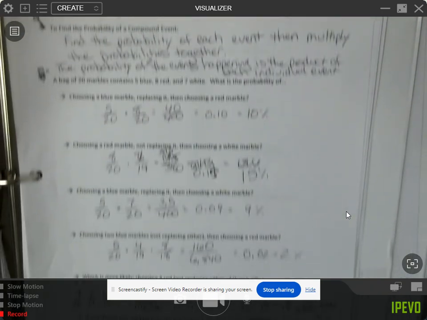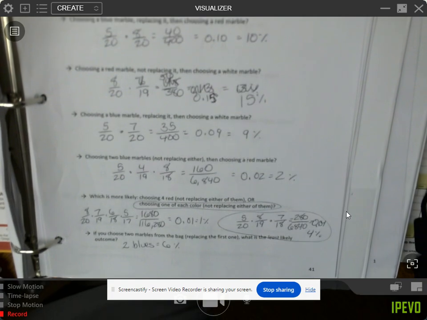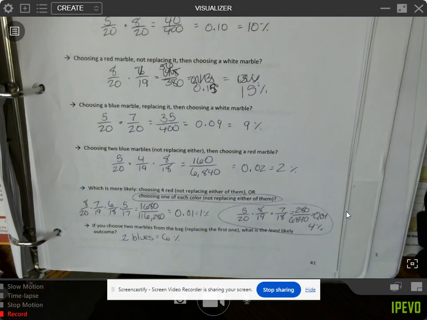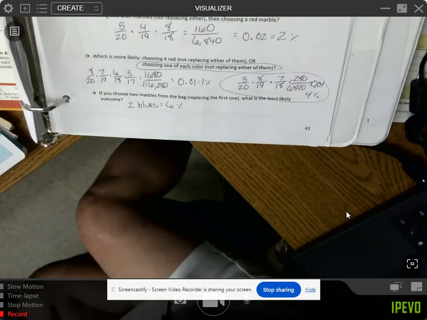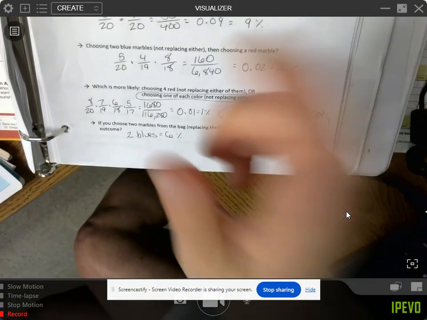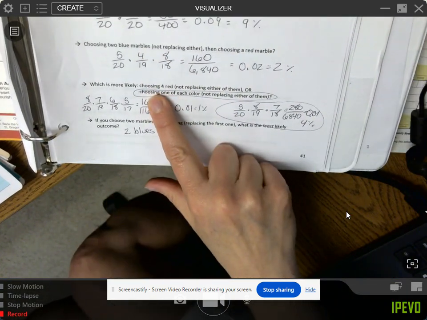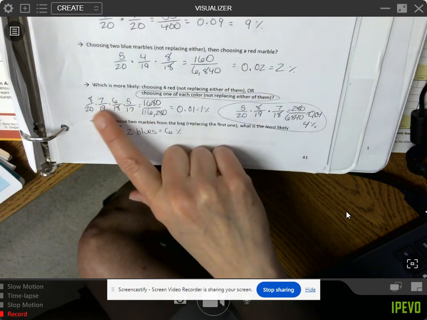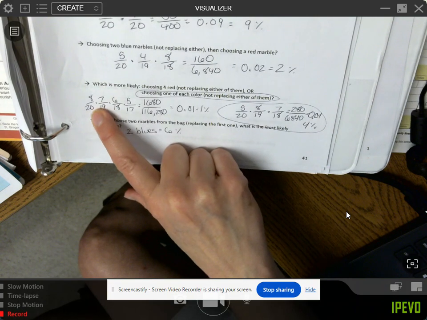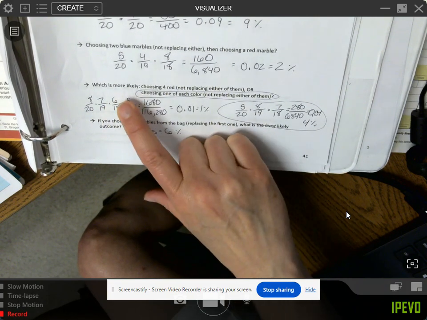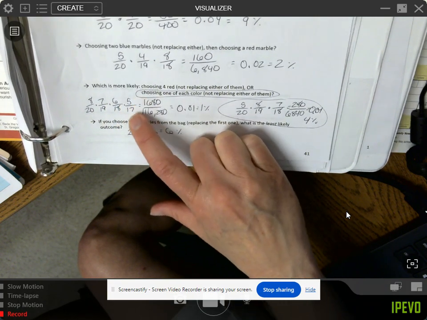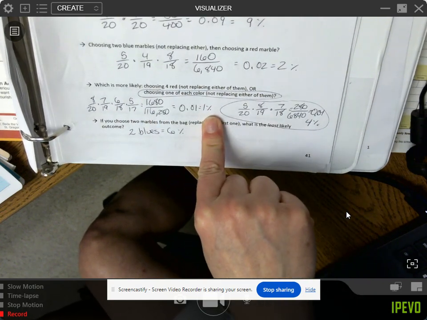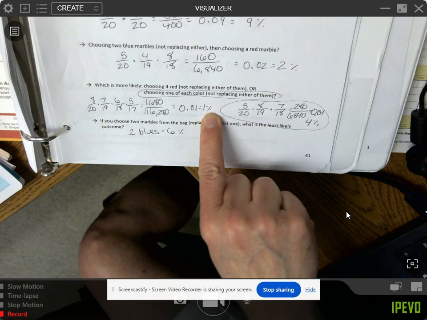So at the very bottom, we had the bottom two we did not go over yesterday. We went over how to do the top part, choosing 4 red and not replacing any of them. So that was 8 red out of 20, then 7 red out of 19, 6 red out of 18, 5 red out of 17, and it gave us 1% probability of getting 4 reds.